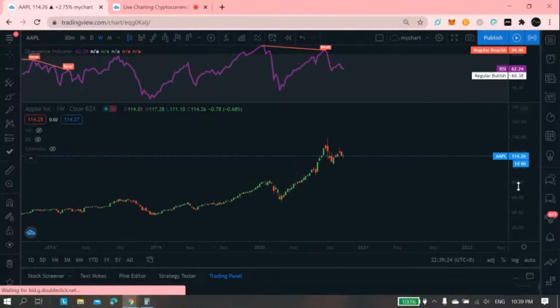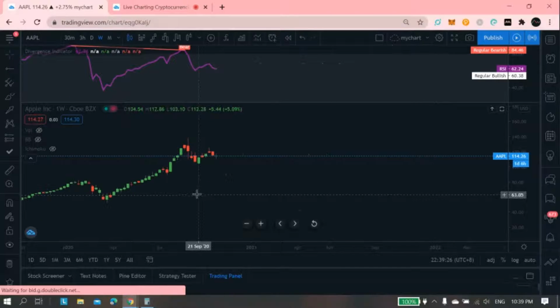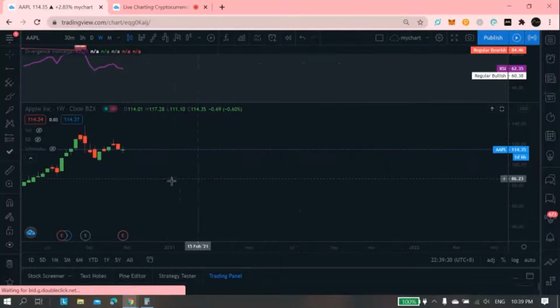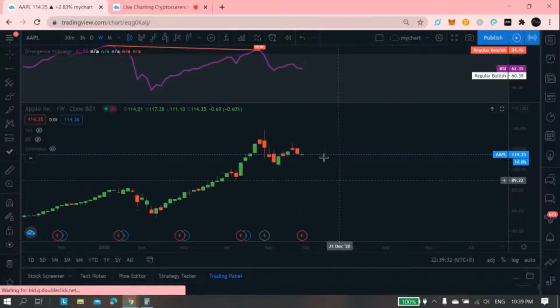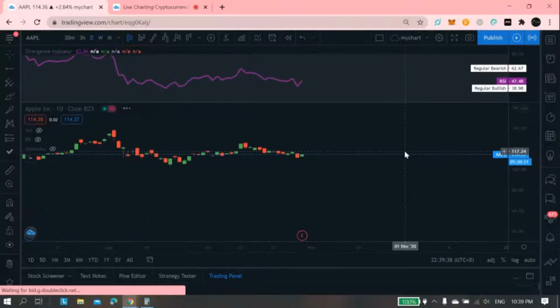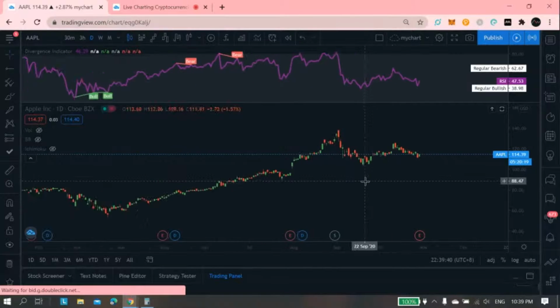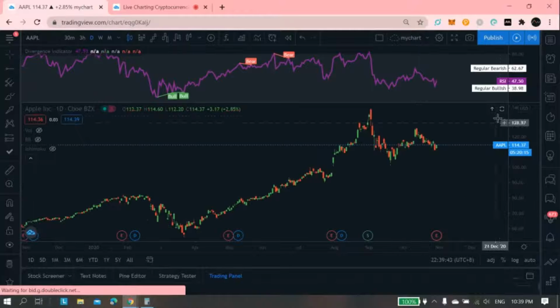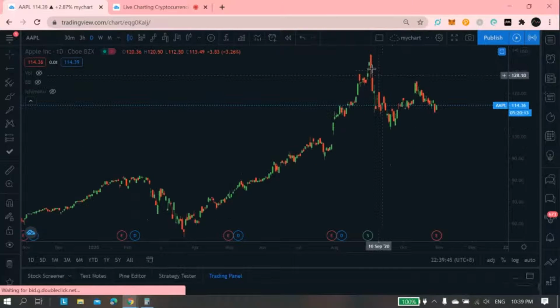Oh, tomorrow is the end of the week, Friday. It seems like it's forming a possible doji, a possible reversal actually. Now let's move on to the daily time frame. So at least I know that this is the all-time high, the 138.